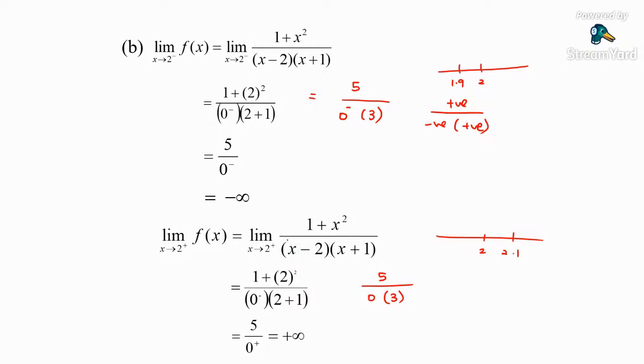If I substitute with 2.1, 2.1 minus 2, this is 0 with a plus. So that is how I know positive over positive, positive. So positive, positive, positive. This is definitely positive infinity. Okay, so 2 on the left hand side, negative infinity. 2 on the right hand side, this is positive infinity.